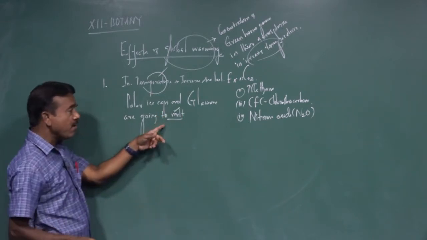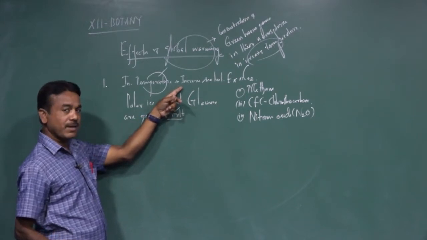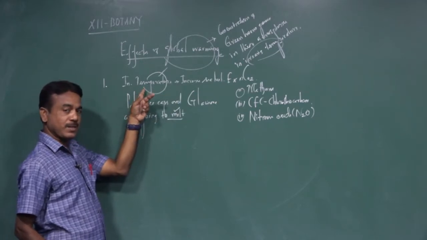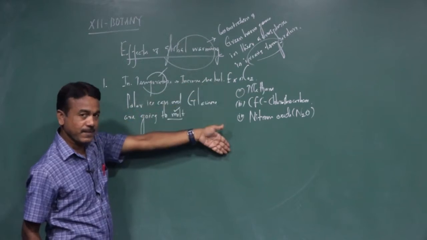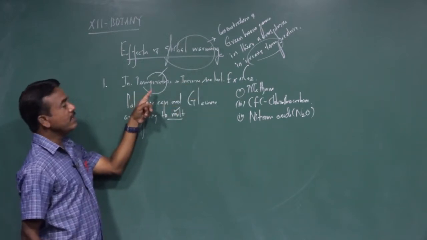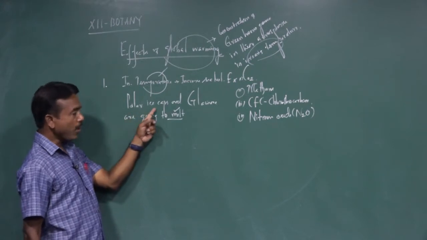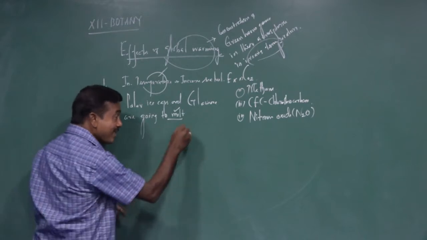Due to the melting of polar ice caps and glaciers, the sea level rises. Why do they melt? Due to the rising temperature. Why does the temperature rise? Because of greenhouse gases entering the air. So the temperature increases as well as the sea level, as polar ice caps and glaciers melt. What happens as a result?